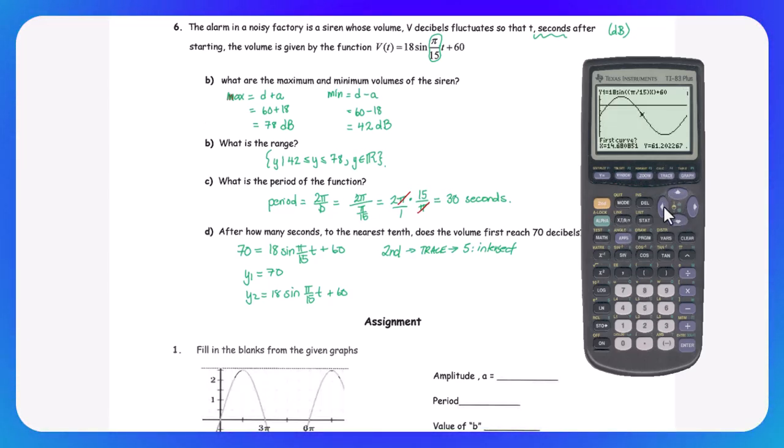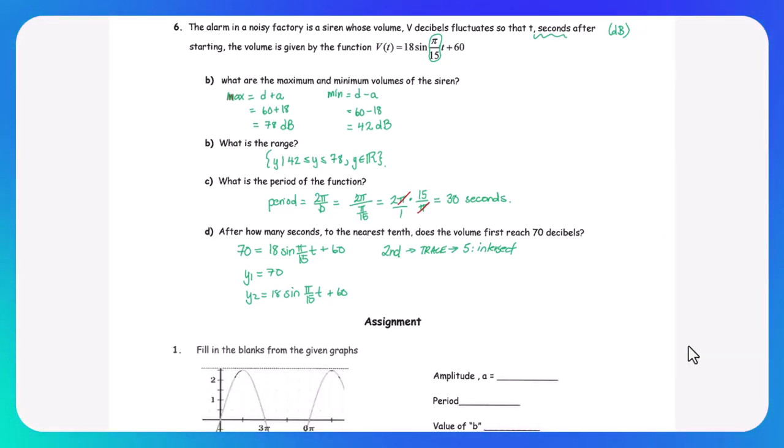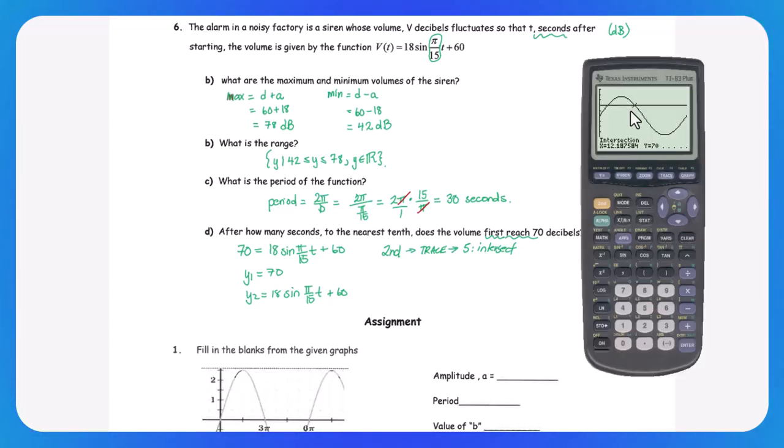Okay, let's do this one first. We go enter, enter, enter. Oh, wait. But look what it said. Oh my gosh. It said, when does the volume first reach 70? Look what I did there. Is that the first time it reaches 70? No. I got too excited. Let's do that again.